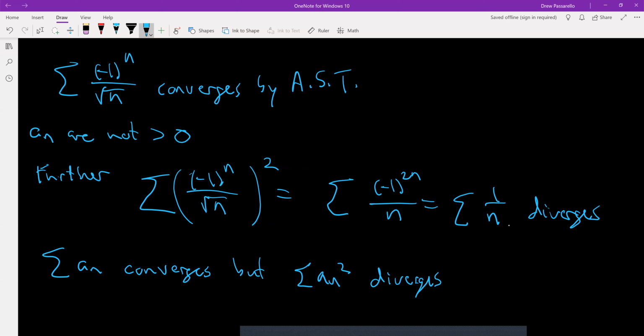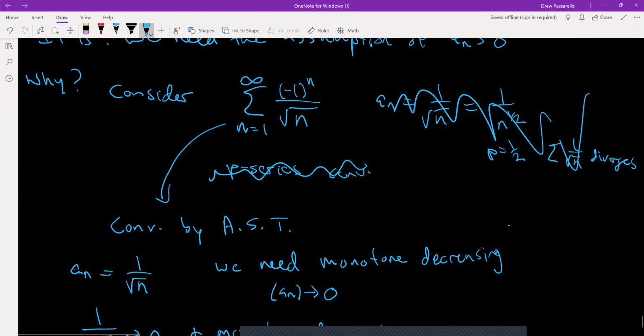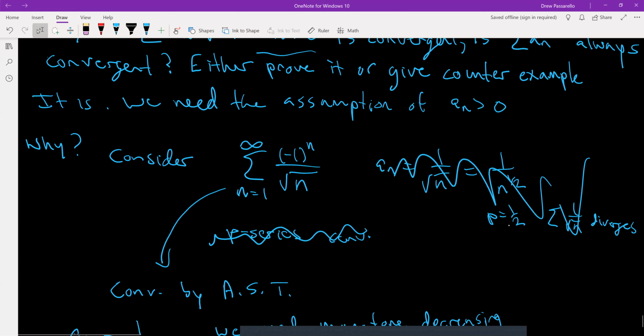Okay, so that's the case where it does not have this requirement of the terms an greater than 0. And so when you do have that assumption, I claim that the an squared series does converge.